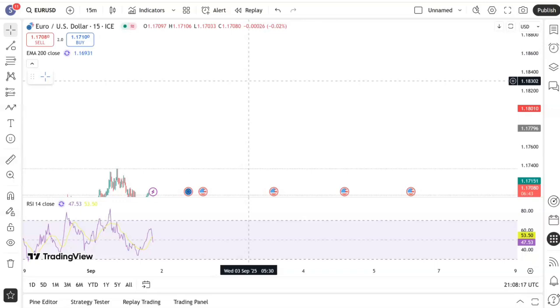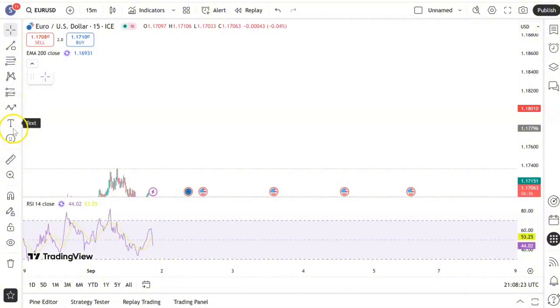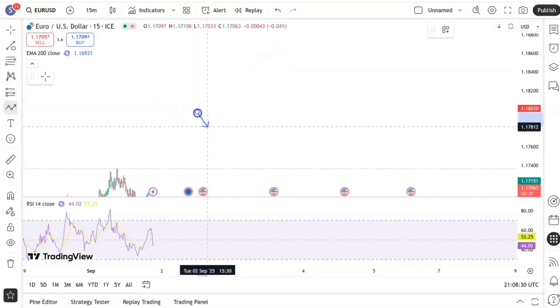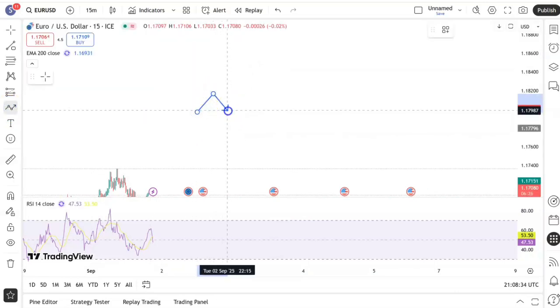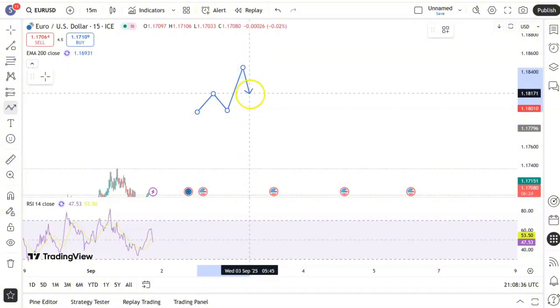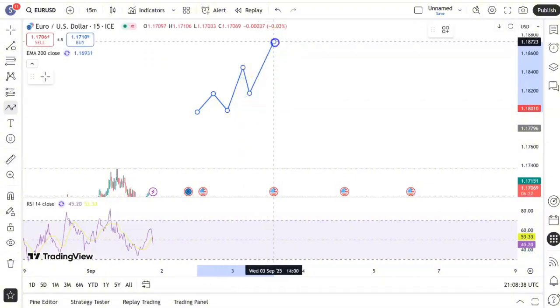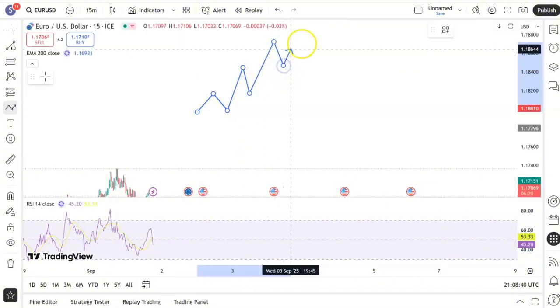We have three major types of trend: the uptrend, the downtrend, and the ranging market. First, when the market is moving upside, trending up, forming a series of higher highs and higher lows.